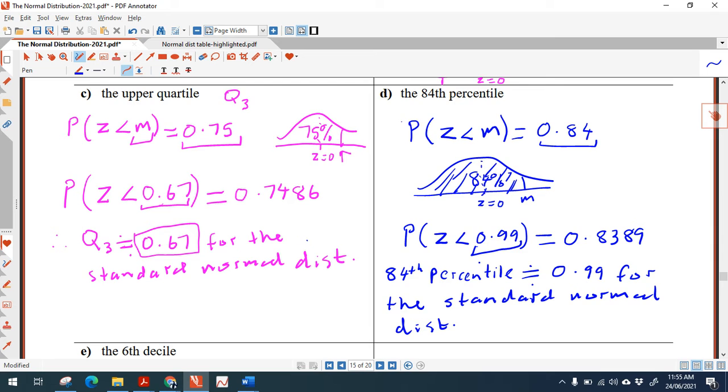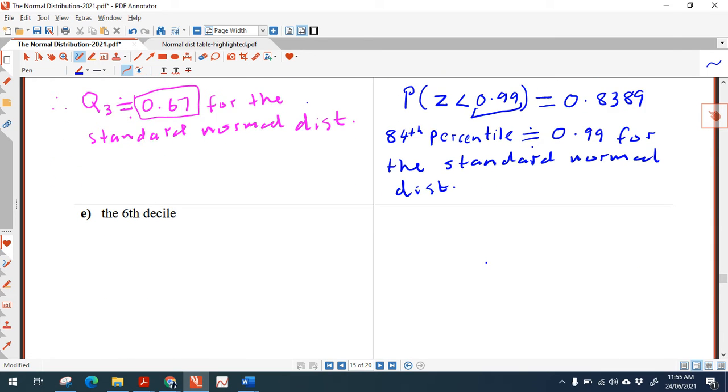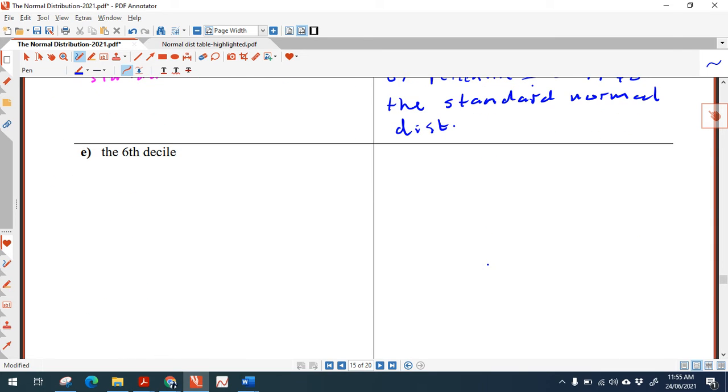Okay. Now let's have a look at the next one, the 6th decile. Now the 6th decile is the 60th percentile. Okay, so let's be aware of that. That is the 60th percentile, because we know that a decile is 10%. Okay, so you want to find the probability that z is less than m is equal to, well, 60% is just 0.6.